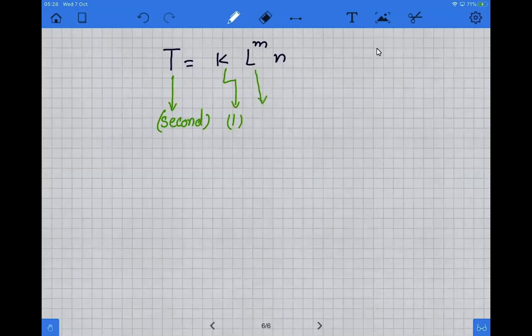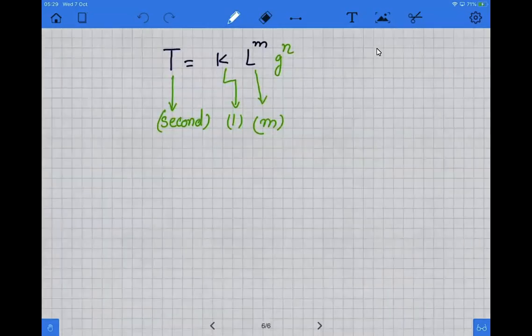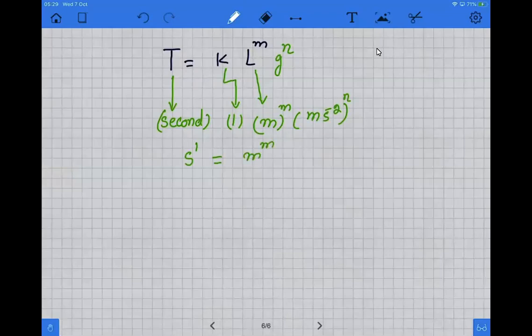Unit of length is meter and its power is m. G is meter second power minus 2, and its power is n. And now let's simplify this. Second power 1 is equal to meter power m, meter power n, and second power minus 2n.